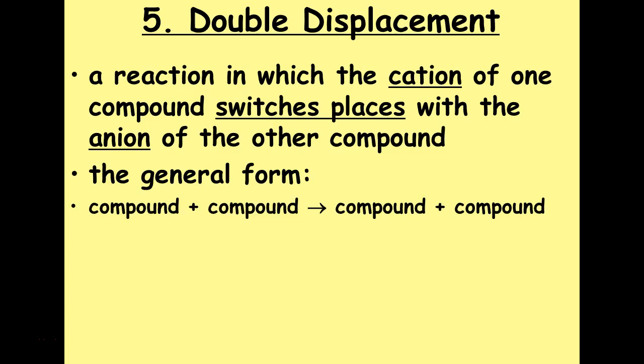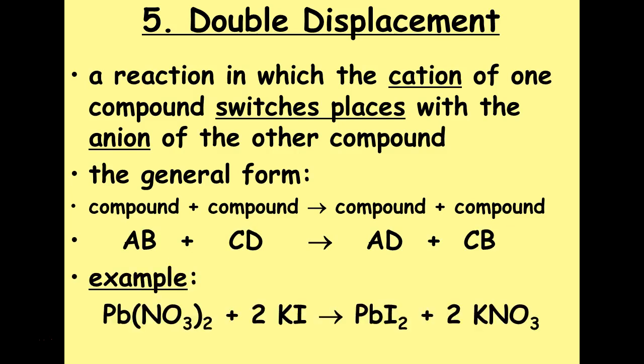The general form for this is compound plus compound yields compound plus compound. And an example of that is lead nitrate and potassium iodate.